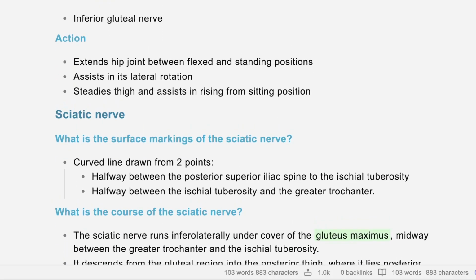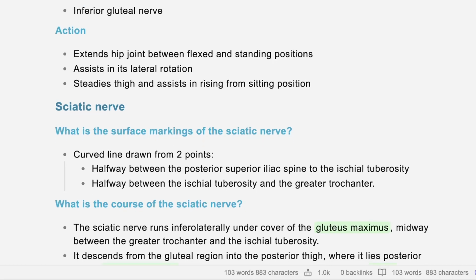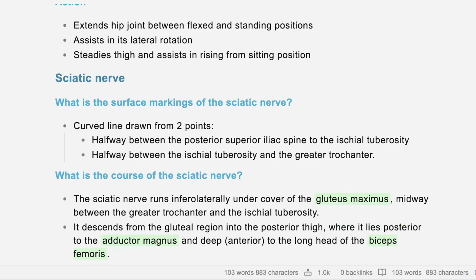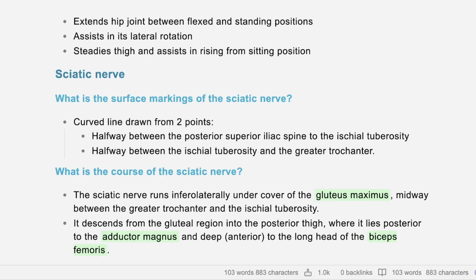It continues all the way down, just posterior to the adductor magnus muscle, and deep to the biceps femoris muscle.